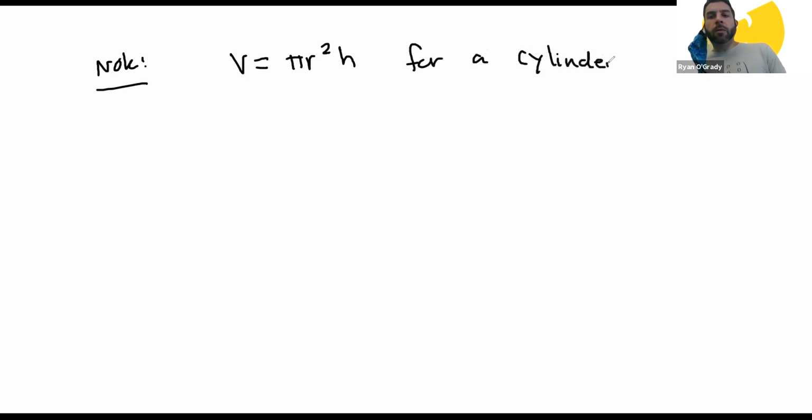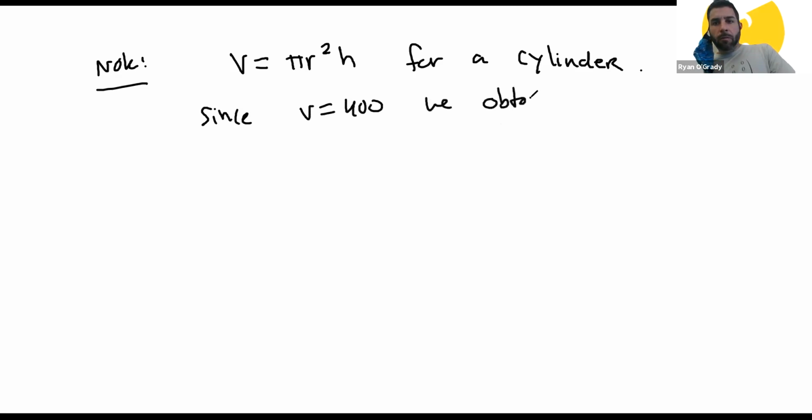For those of you who are unaware of what we would call fundamental shapes, or the basic shapes, a cylinder, and for that matter, when we define volume in general, and you define that in Calculus 2, volume of a three-dimensional object is its cross-sectional area times its height. Since V has to be 400, we obtain 400 equals pi r squared h.